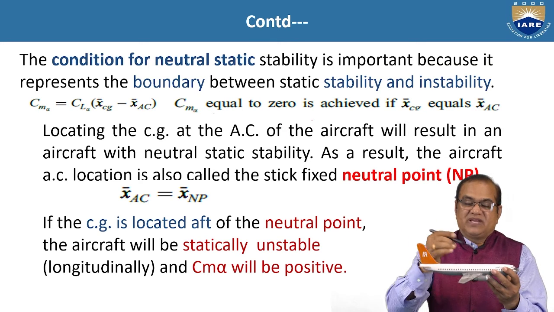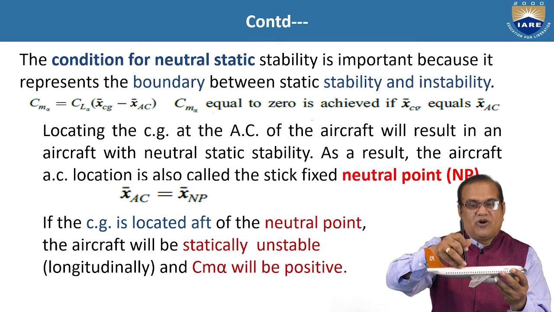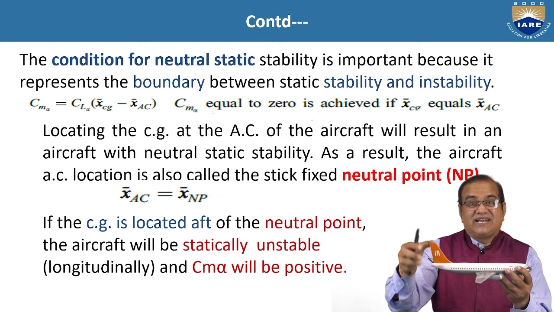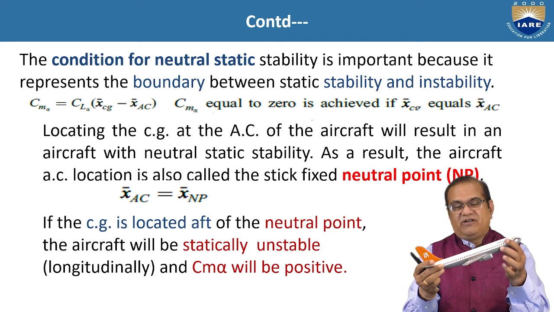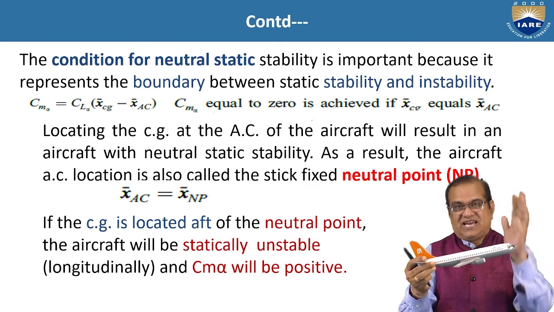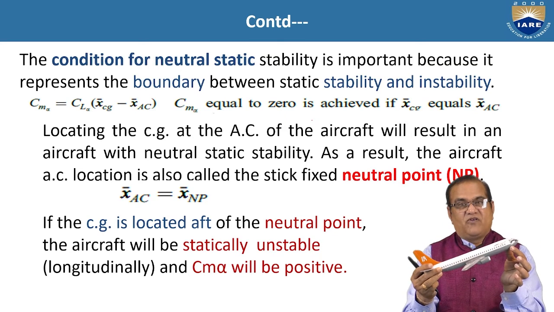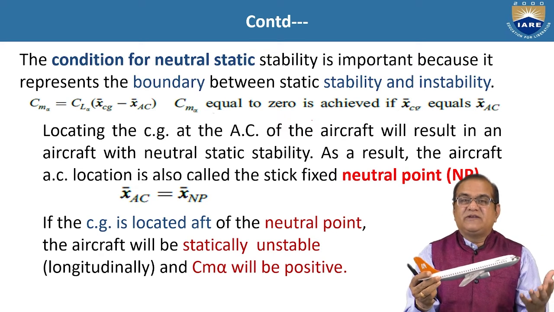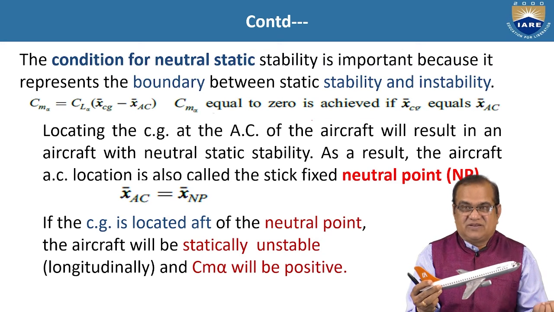In case the center of gravity is behind the neutral point, the tendency of the aircraft will be pitching upward, in the clockwise direction. The moment is in the clockwise direction, the nose will go upward, and the aircraft will be statically unstable.